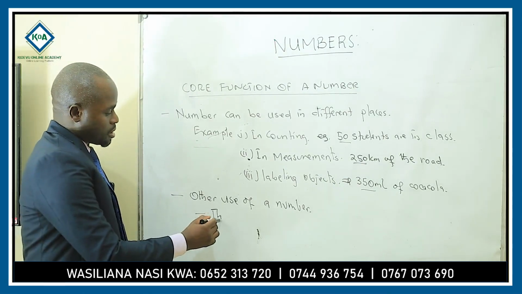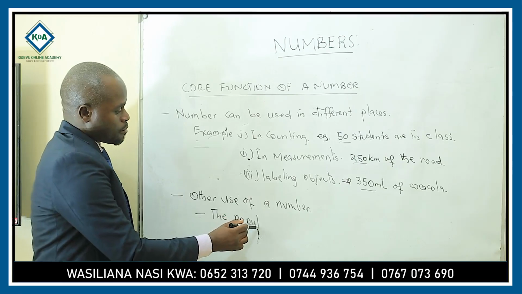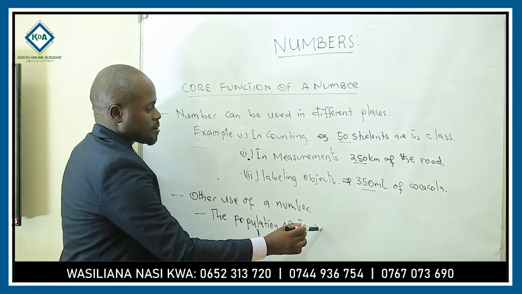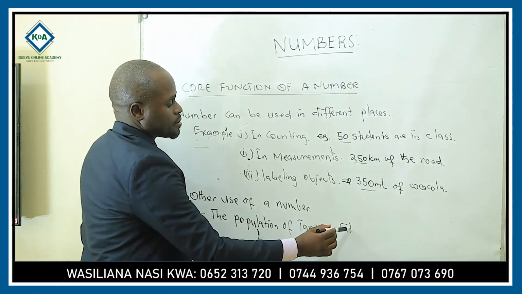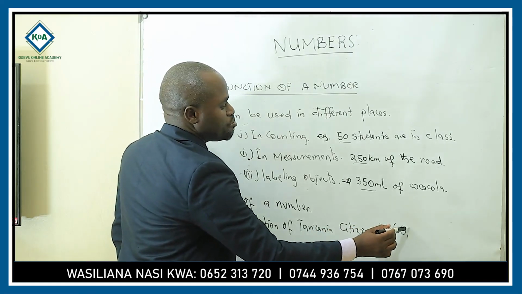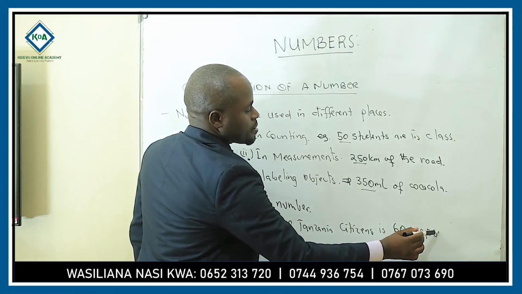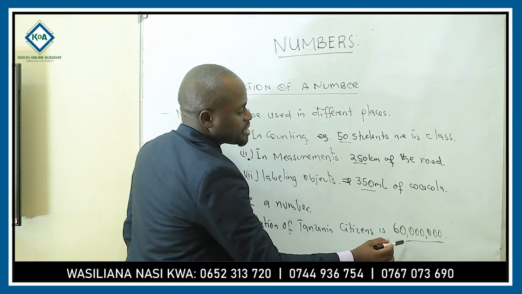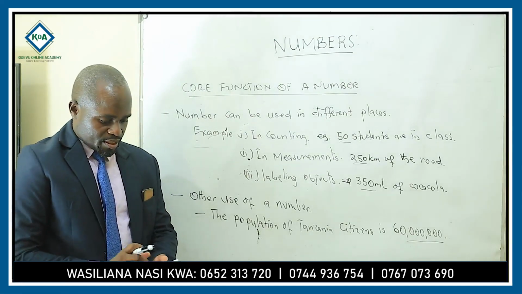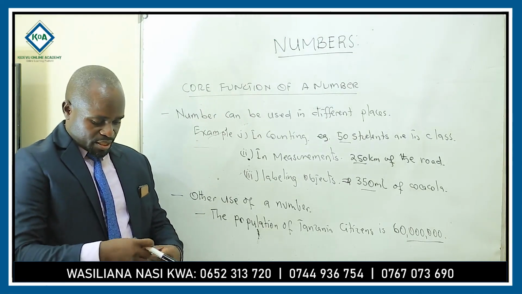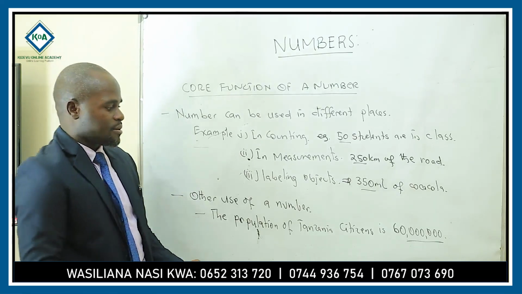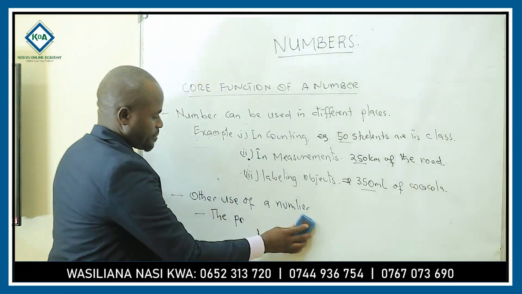So the population of Tanzanian citizens is 60 million. Now, this 60 million is a number. Yes. Then after that, let us see now the representation of a number. How can we represent a number?